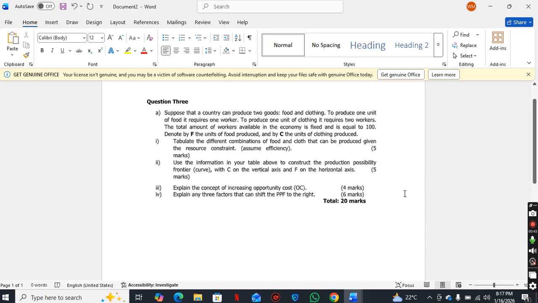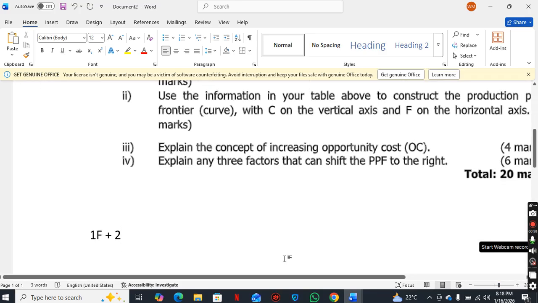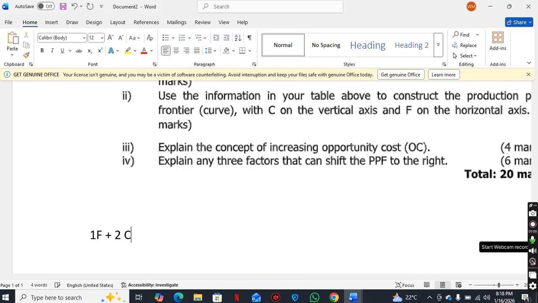So we know we need 1 worker to produce 1 unit of food, and we need 2 workers to produce 1 unit of clothes.